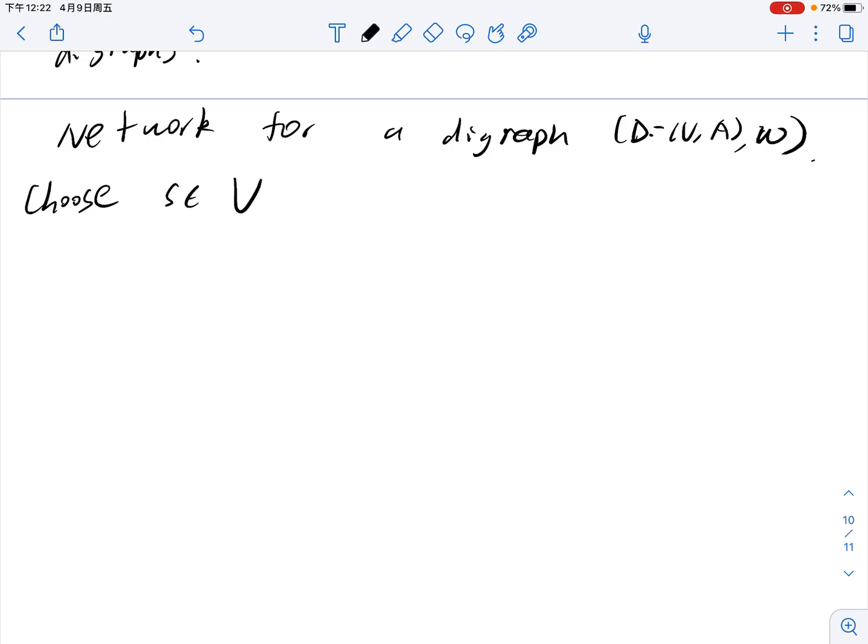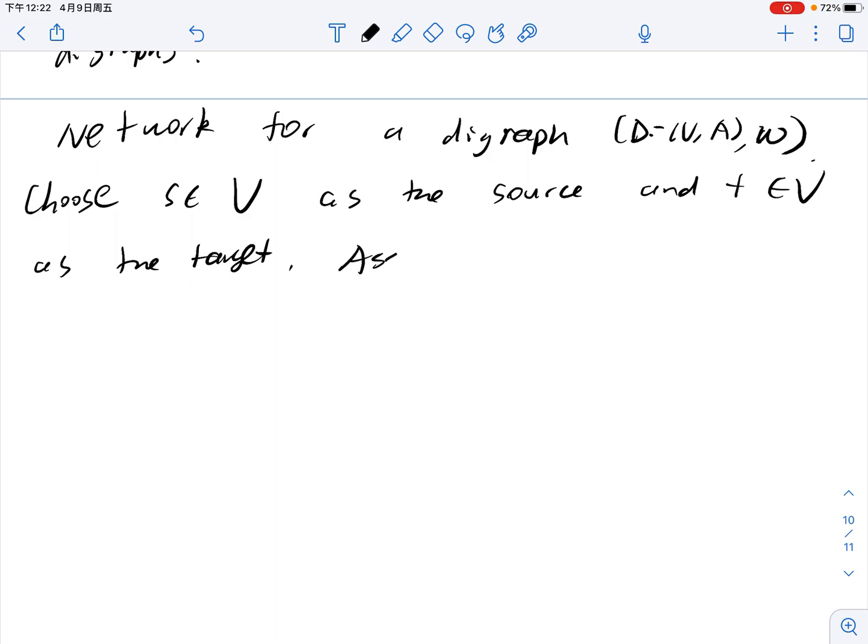Choose a vertex S as the source and T as the target. In reality, you might have several sources and several targets, and then you can generalize the notion here. But for our purpose, we just want to introduce some algorithms and general methods, so we will stick to the current situation. Also assume omega is non-negative.